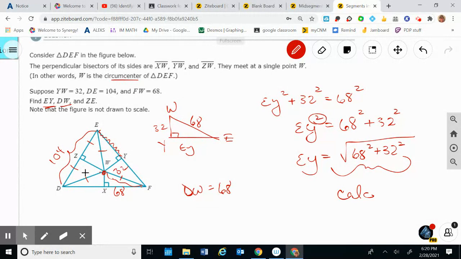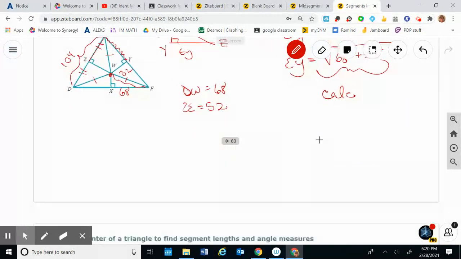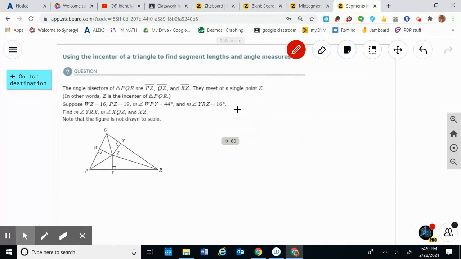You just have to memorize things, or recognize them in the picture. So this is 104, and they want ZE, which is half of that. So ZE equals 52. I encourage you not to just say, oh, what they did was halve that. Actually understand that that's a perpendicular bisector. That's the best way to understand these problems.